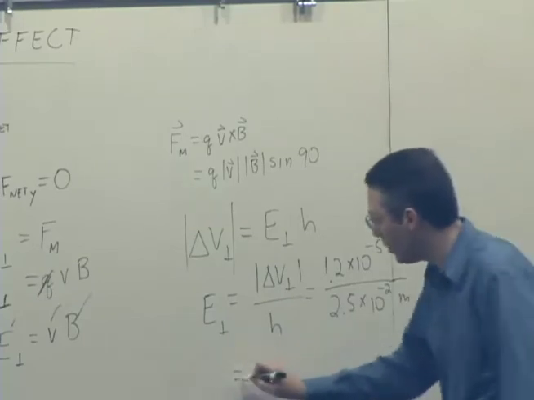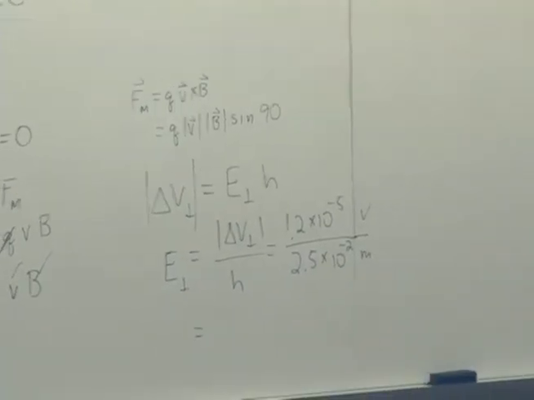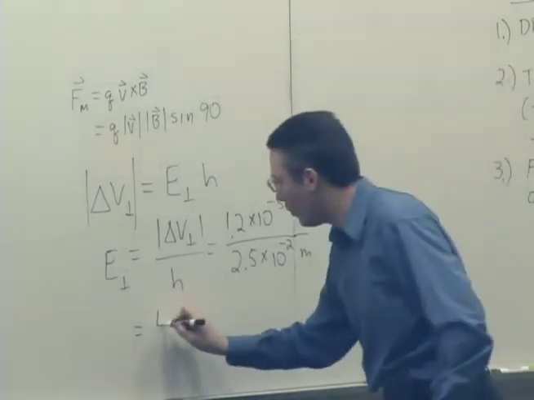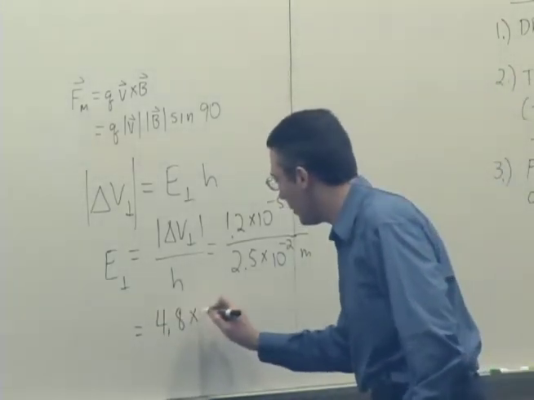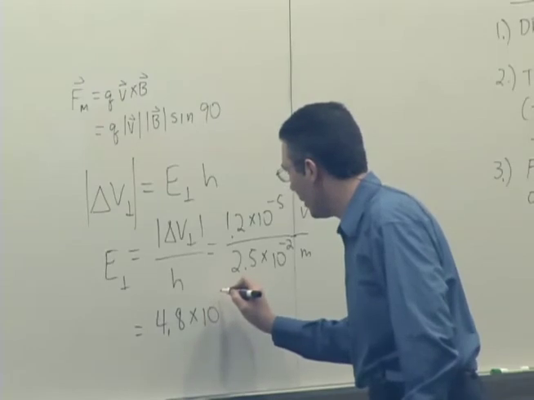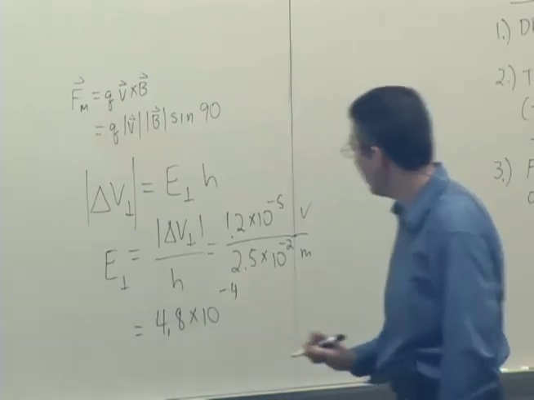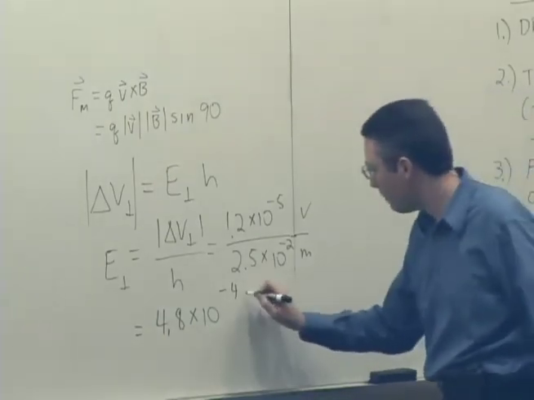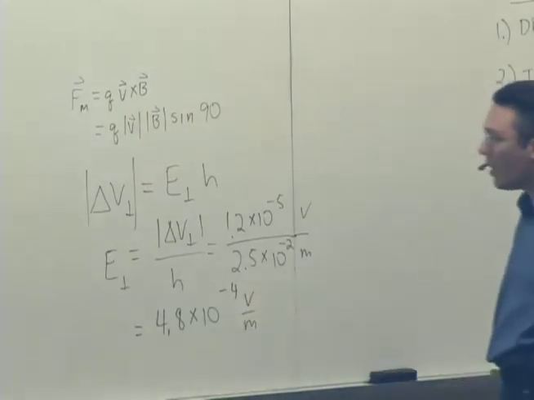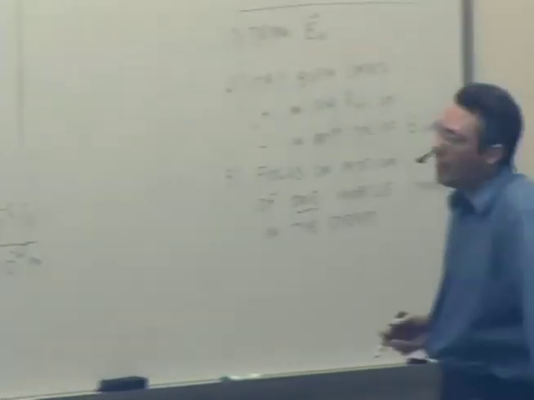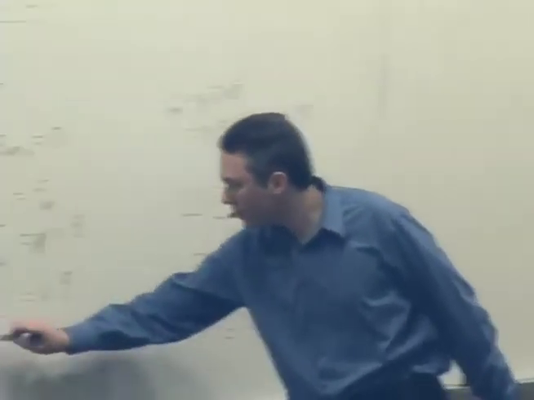What do we get for E perpendicular? 4.8 times 10 to the negative 4. Is that right? Yeah, volts per meter. Okay, so that's E perpendicular. Getting closer. So we've got this part.